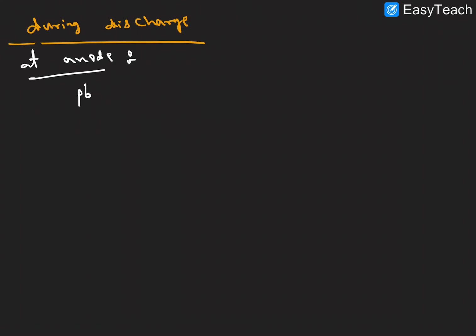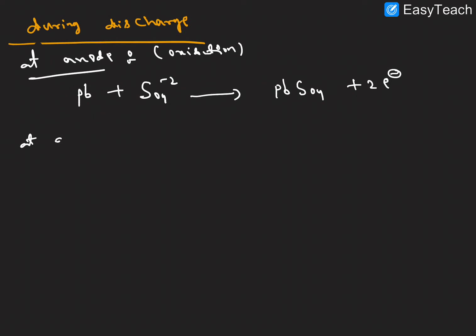So generally we are taking the anode as lead, right? This is combined with SO4 minus 2. At the anode, oxidation takes place, oxidation is nothing but loss of electrons. So it combines with SO4 minus 2 to form lead sulfate plus 2 electrons. The 2 electrons are lost here.